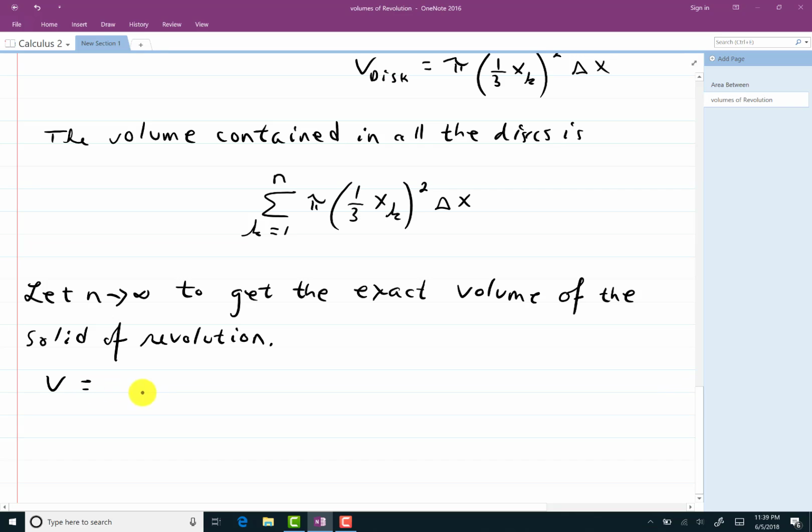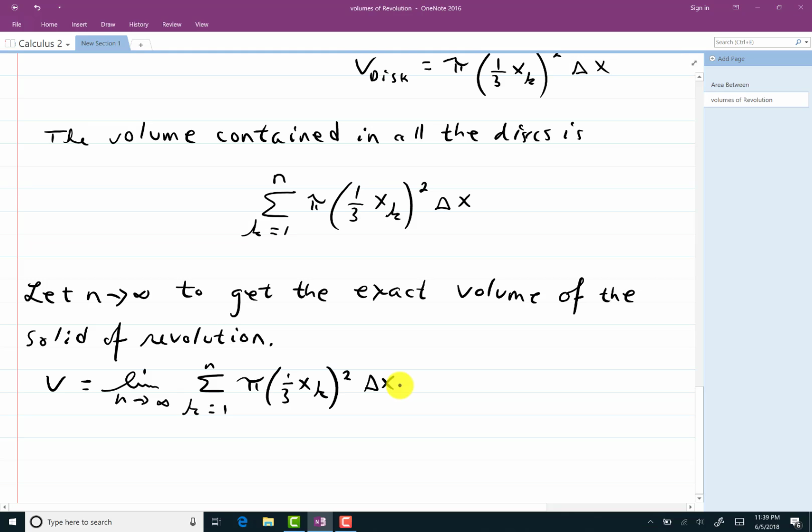So V equals the limit as n goes to infinity, summation k equals 1 to n, pi times 1/3 x sub k squared delta x.